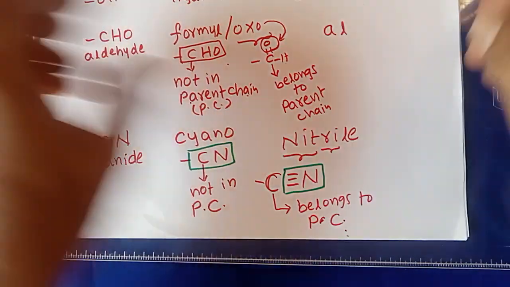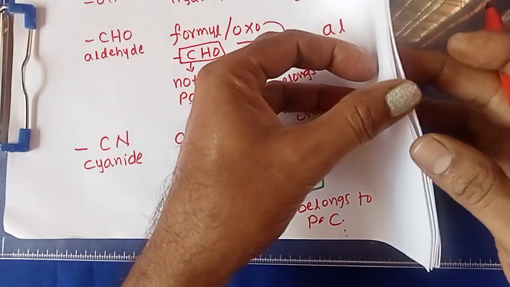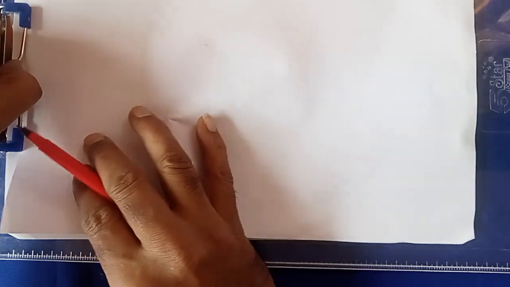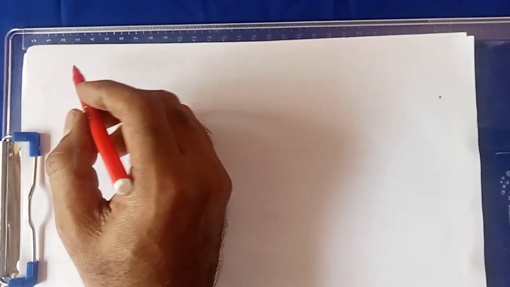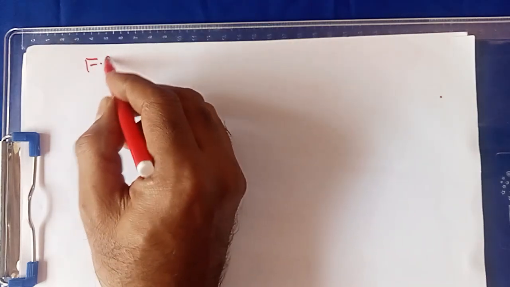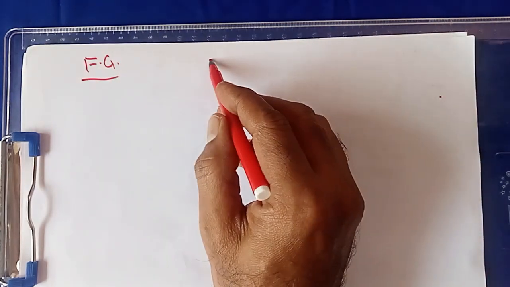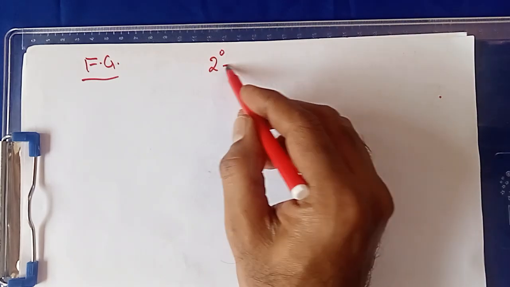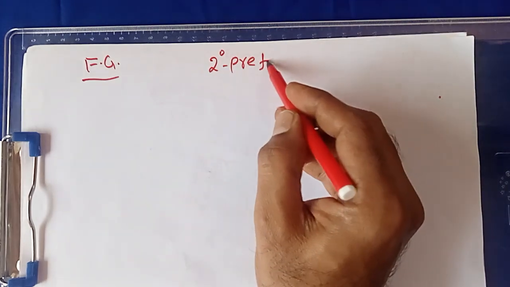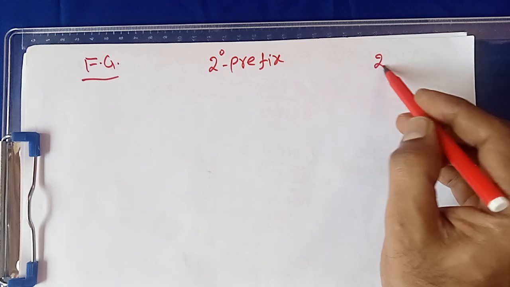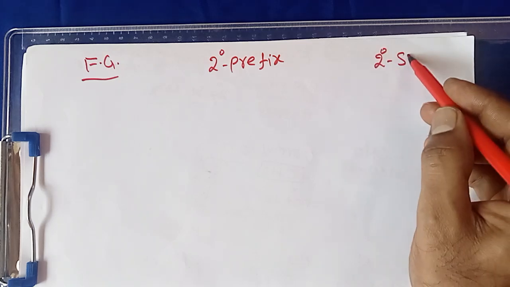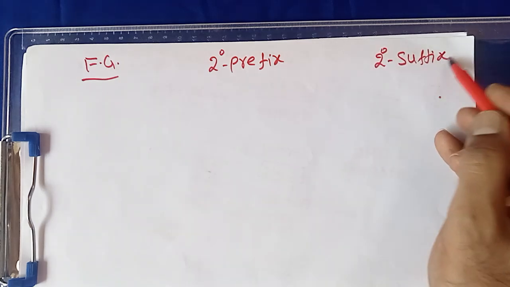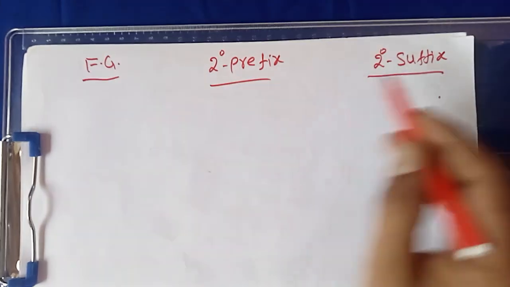Next functional group. FG means functional group. Here this is the secondary prefix and this is the secondary suffix. Okay.